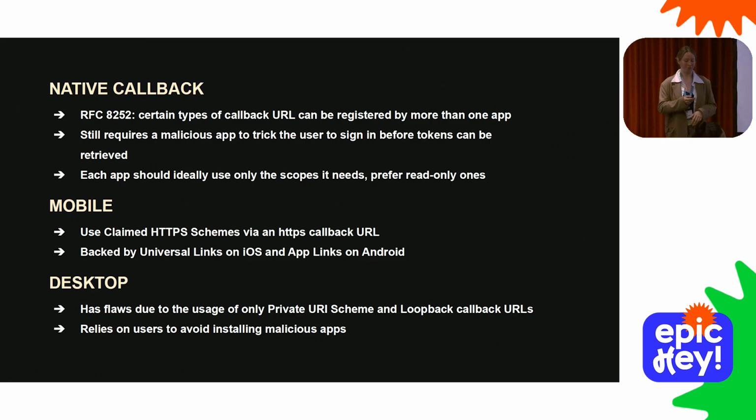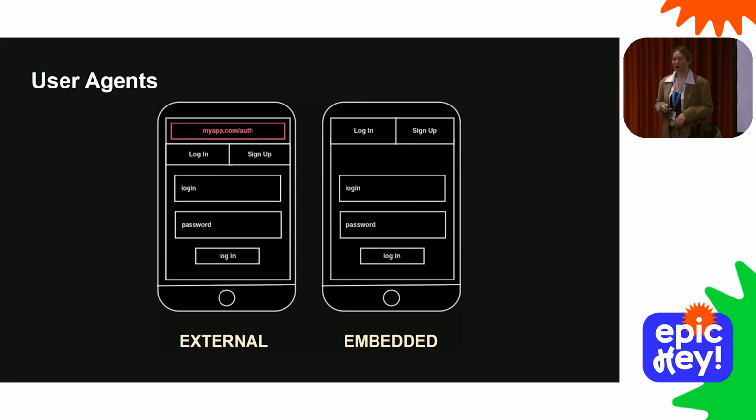Okay, let's talk for a moment about user agents here. Basically, there are two major types of user agents. One is external, and the other one is embedded. The external one is typically the device-native browser with a separate security context, while the embedded one is targeted at rendering the web content inside the application itself.